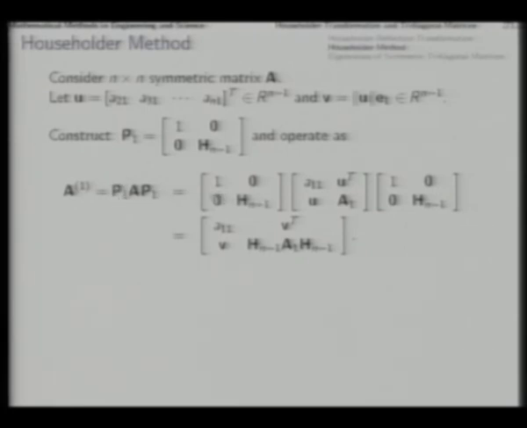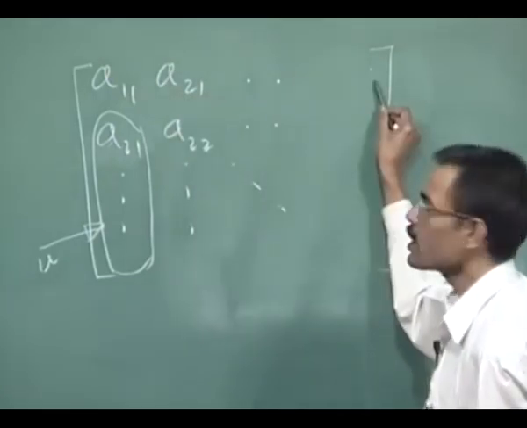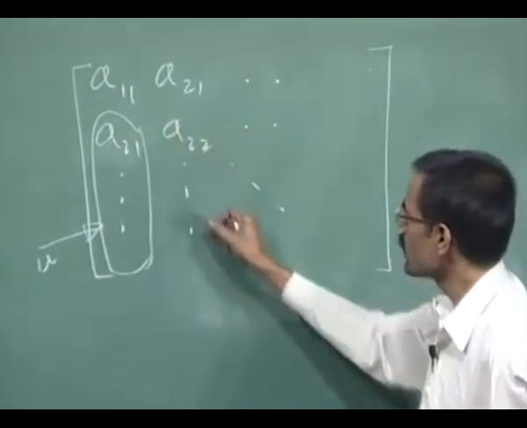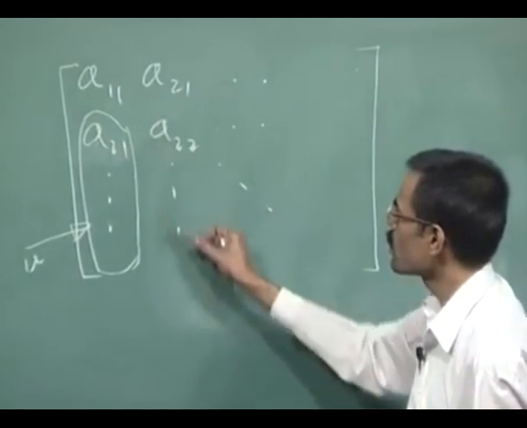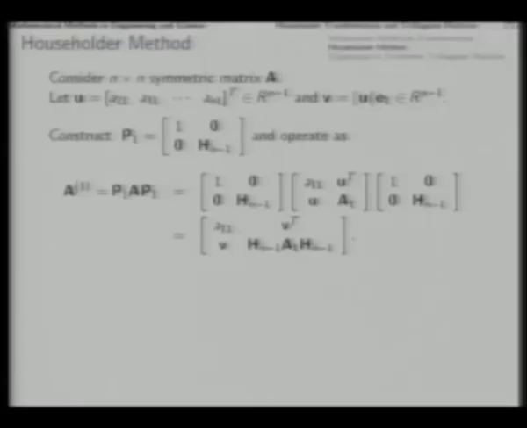Now, what we have here is a_11 sitting here, u transpose, and this much the trailing n minus 1 by n minus 1 matrix. For that we give a name, call it A_1, whatever it is. Then as we apply this P_1 A P_1 through the multiplications, you will find that in place of u you have got v now, and in place of u transpose you have got v transpose.